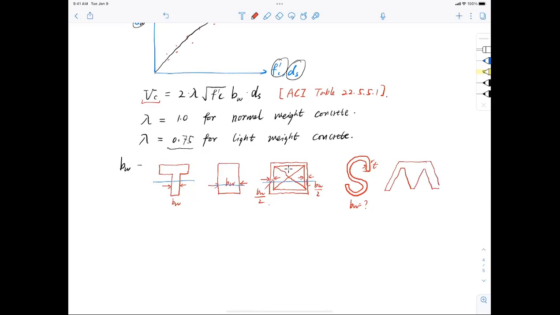Let's call the width T. To make it more interesting, this is not an M anymore, but say there's an opening here in the middle. This is T again, and this is T again. I know the drawing doesn't do it justice, but let's say I made an S and an M, and what will be the BW for this case?